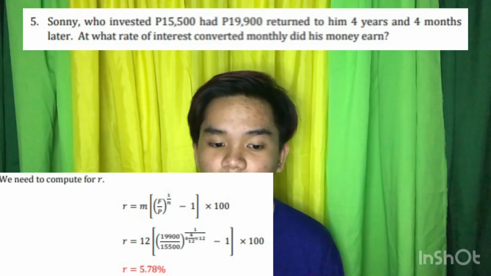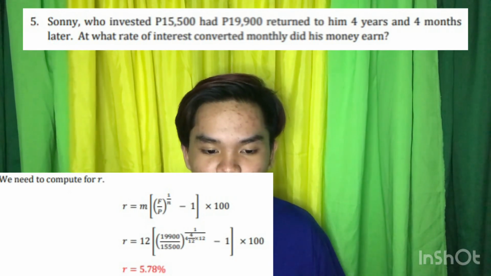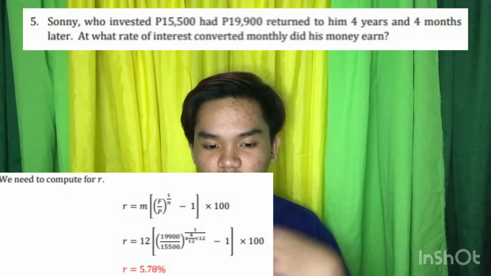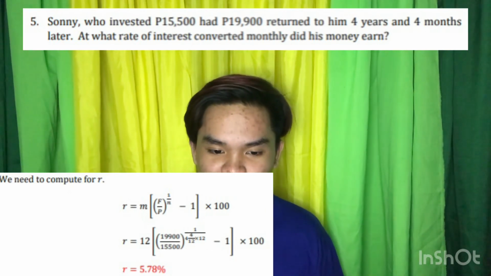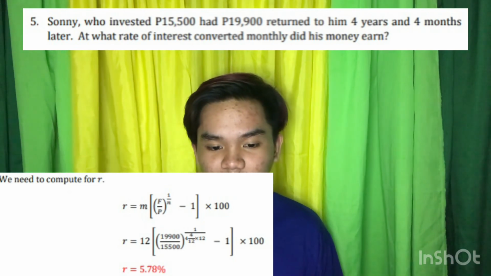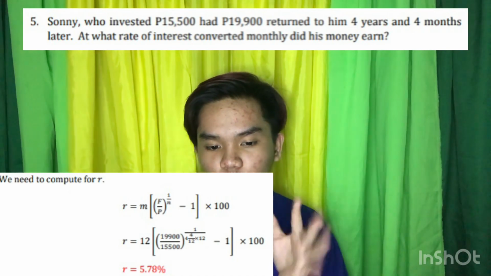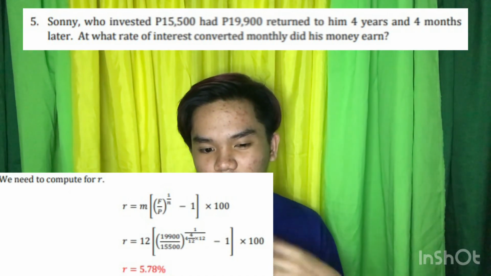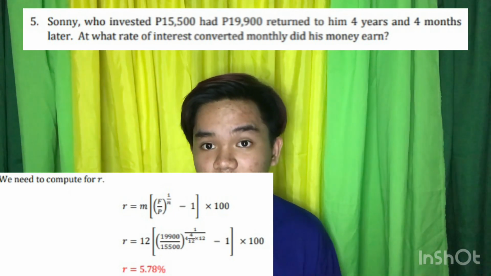So, our final amount is equals to 19,900 and our principal is 15,500. So, 19,900 divided by 15,500 is raised to yung ating N. So, 1 over 4 and 4 over 12. Ayan. Kasi nga, 4 years and 4 months babayaran.